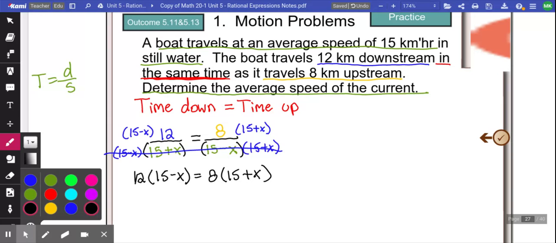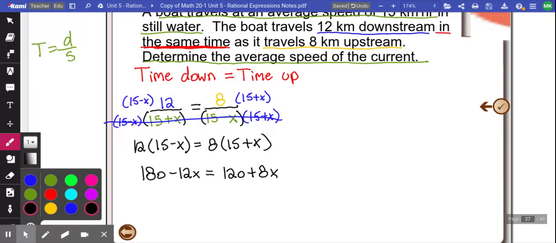You expand that. 12 times 15 is 180 minus 12x equals 8 times 15, which is 120, plus 8x. That's a linear equation, so I need to get all the x's to one side and constants to the other. I'm going to add 12x to both sides.